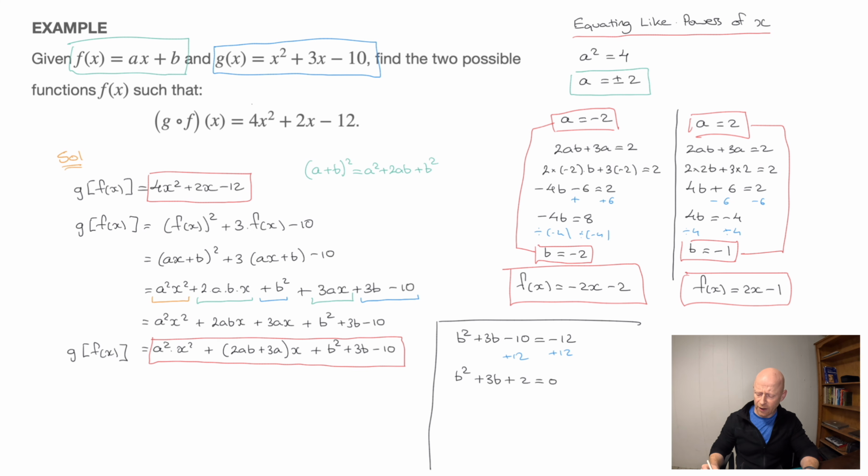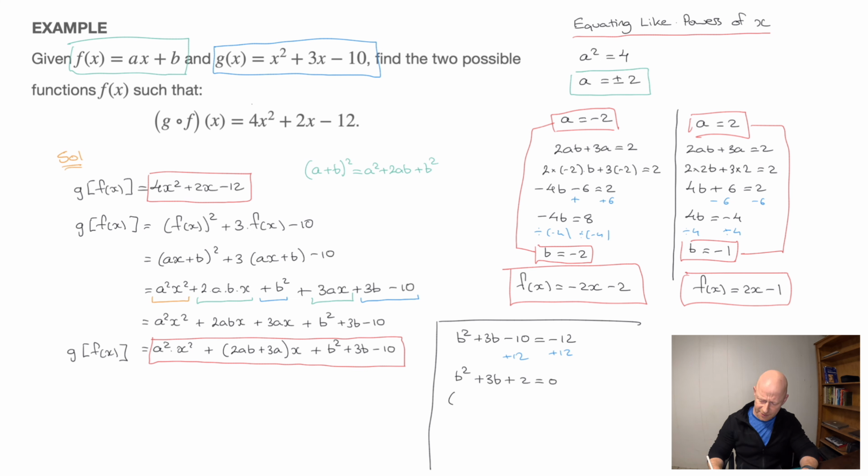And as such, we're now faced with a quadratic equation for b. And we could solve this using the quadratic formula, of course, but we could also solve this by factoring. And since the leading coefficient here is 1, indeed we have 1b squared, we can factor this by quickly looking for 2 numbers which add up to 3 and whose product is 2. And so the numbers 2 and 1 definitely work.